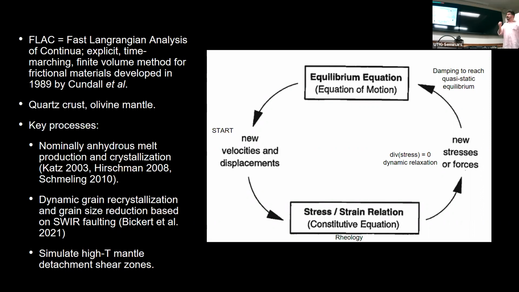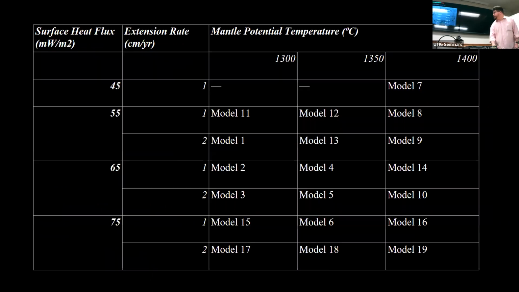We've also included dynamic grain recrystallization and grain size reduction, and that is what allows us to model high temperature mantle shear zones and detachment faults. And that's mostly based on observations and modeling of the Southwest Indian Ridge, which is a slow spreading ridge. So you are exhuming mantle up near the surface. So that's the observational constraint on that aspect of our model. And using that, we explored this parameter space.